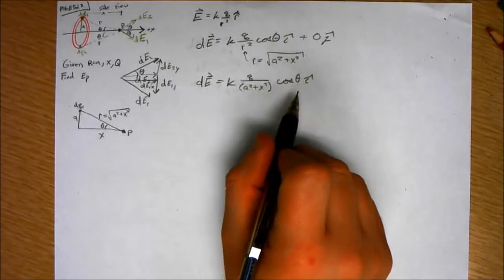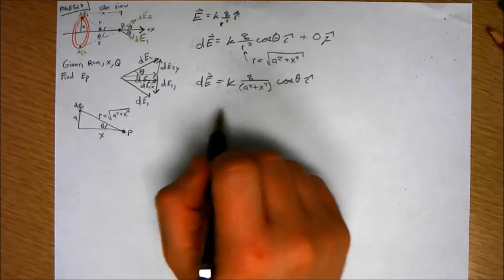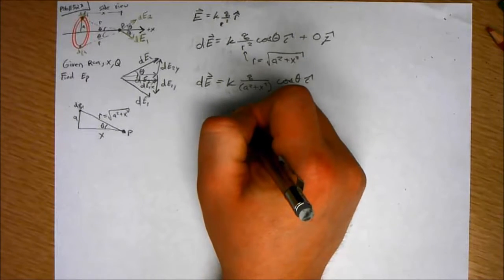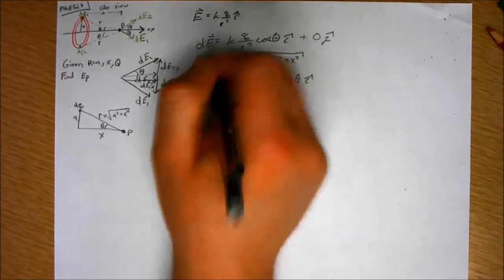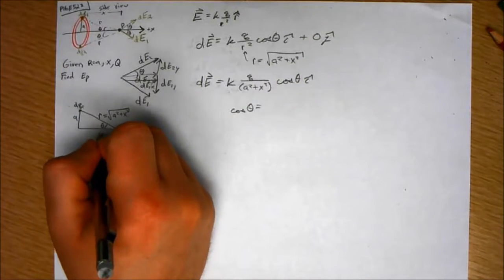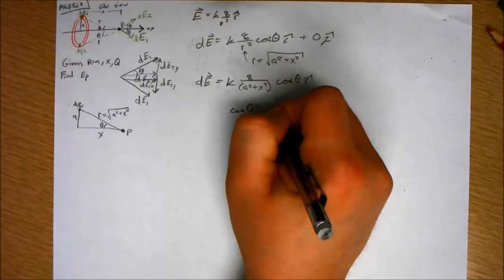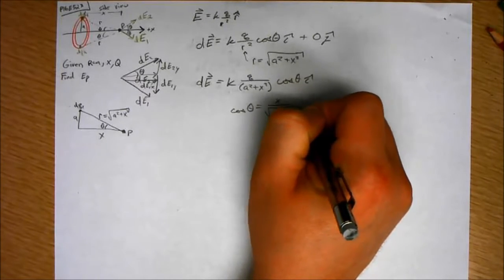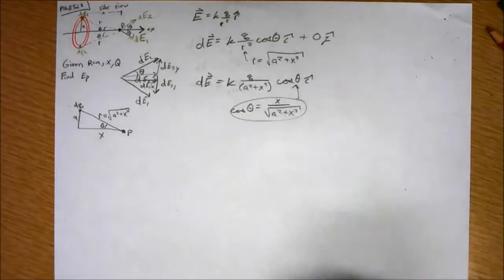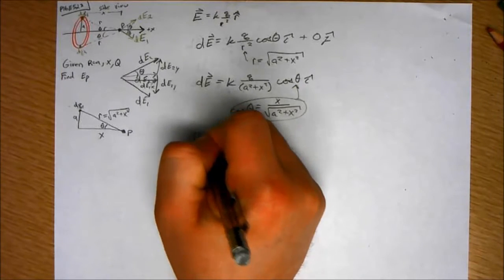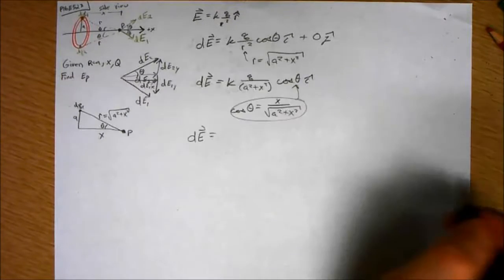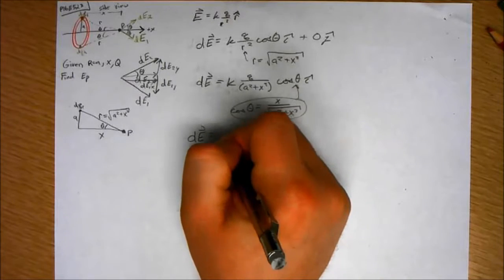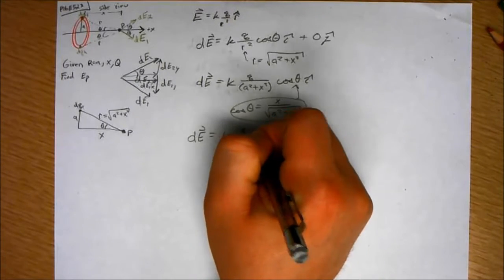Now, I can actually make one more simplification. Cosine of theta, well, let's get that in like terms to everything else here. Cosine of theta is equal to adjacent x over hypotenuse square root of a squared plus x squared. So I can insert that into the equation. dE_x equals kqx.